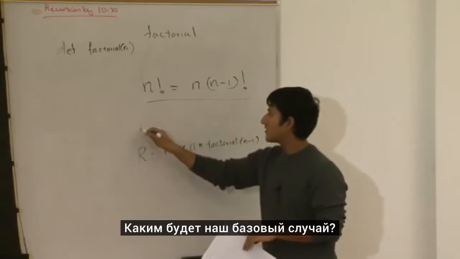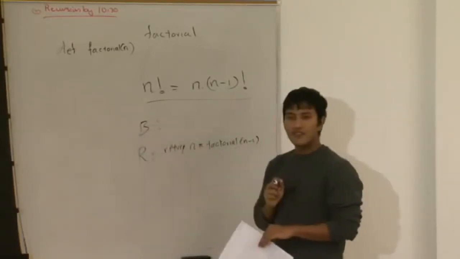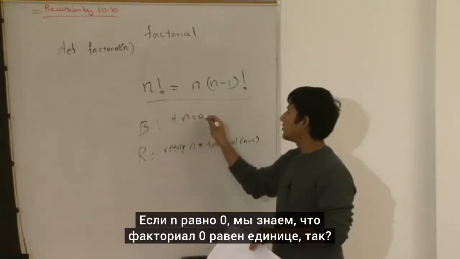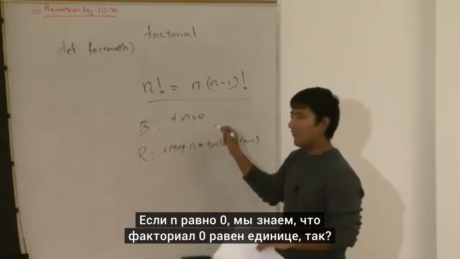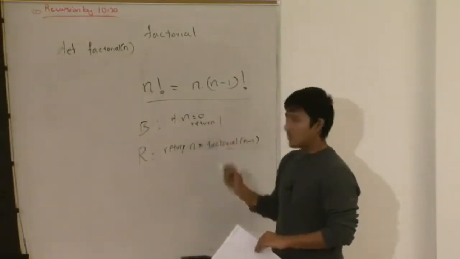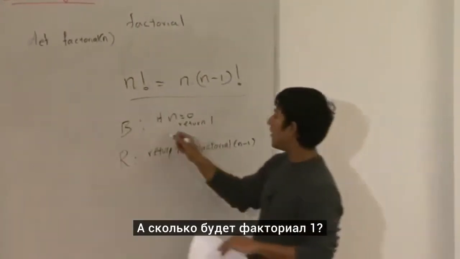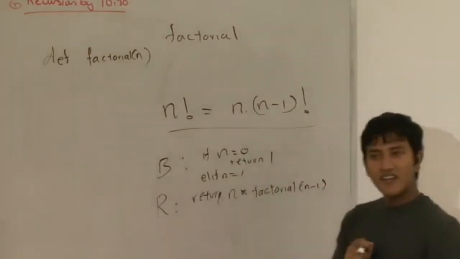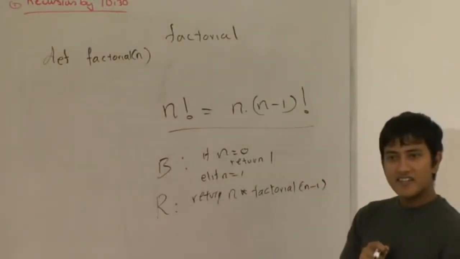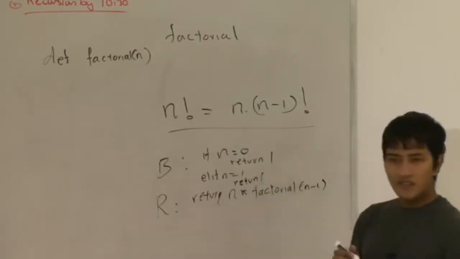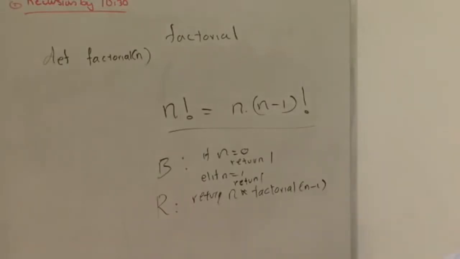What will be our base case? If n is equal to 0, we know factorial of 0 is 1, right? What is factorial of 1? 1. Okay?